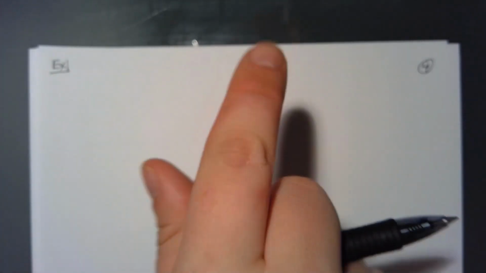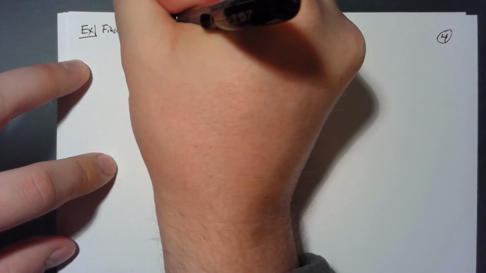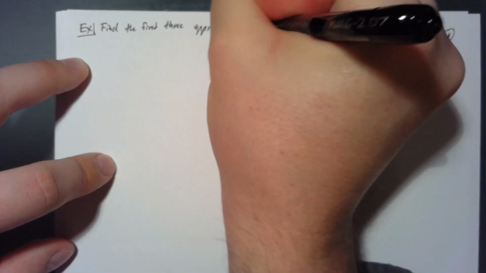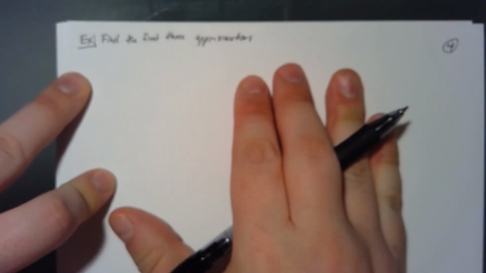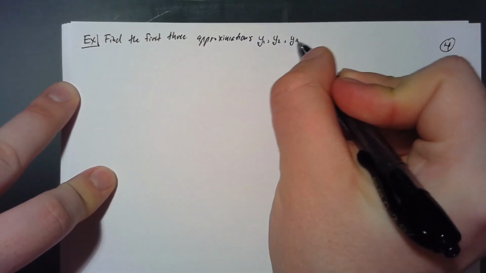Example time. All right. So find the first 3 approximations, that's what we mean by y sub 1, y sub 2, y sub 3.